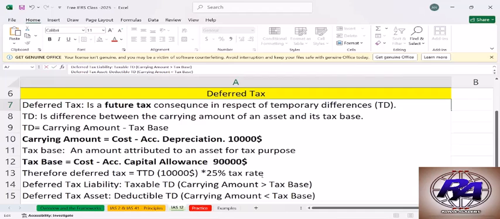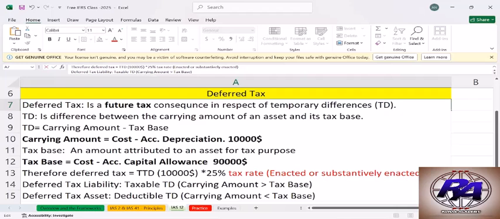All right, we've been talking about tax rate. What form of tax rate are we looking at? Under the current tax, we talk about tax rate. Here again, we are talking about tax rate. What kind of tax rate are we looking at? We are looking at the tax rate that has been enacted at the end of the period, a tax rate that has been enacted or substantively enacted.